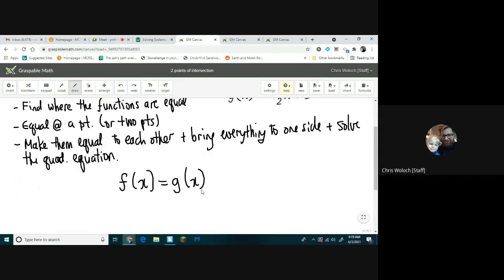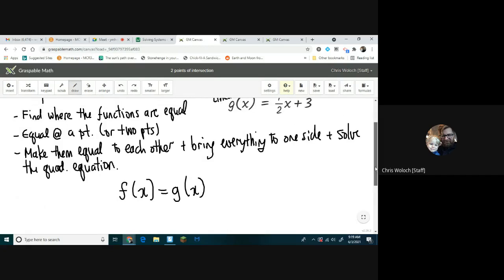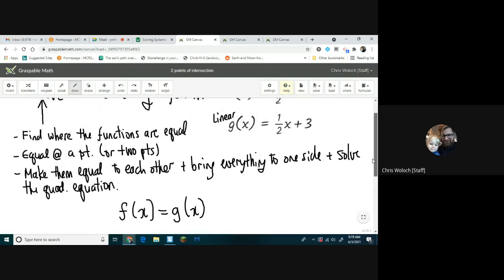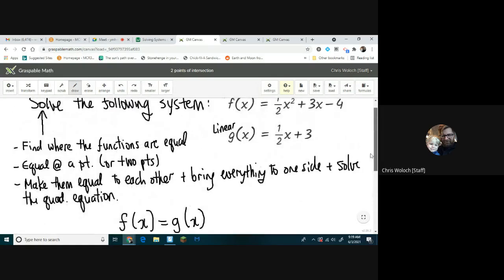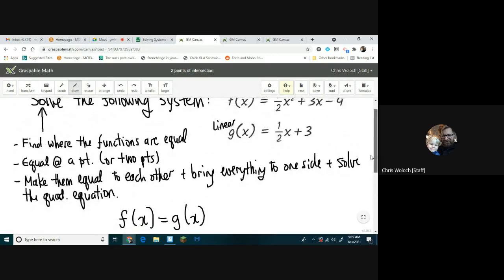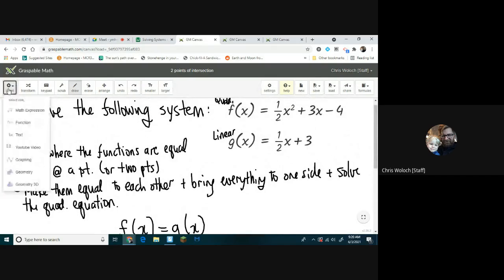Now I'm just going to type in my equation and use this technology to solve it. So I'm going to insert expression.